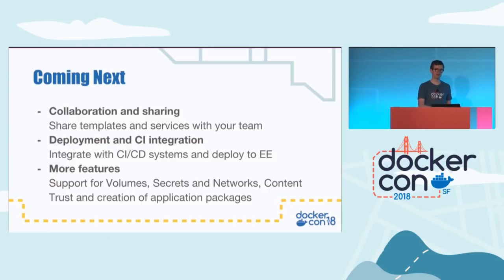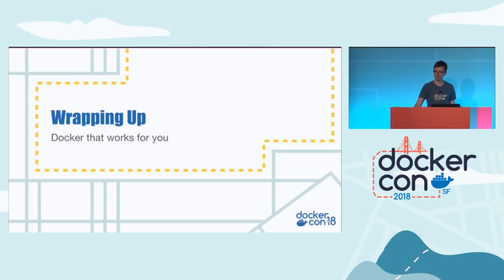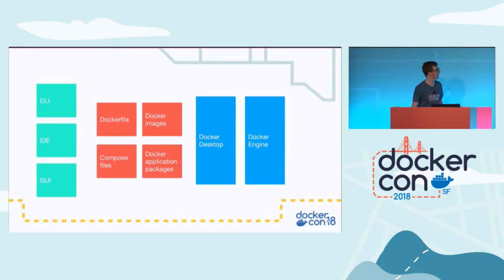If anyone's rolled out Docker in production, you've probably done that glue work with your CI system of choice yourself. We want to do more work to make that easier to just roll out of the box. And there's a bunch of more features we're going to work on. Calling back to the keynote, if you are interested in this, we're going to be running a private beta, so just head over to beta.docker.com.